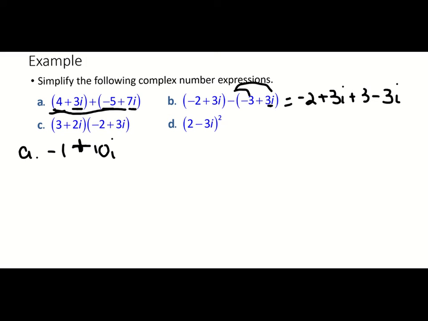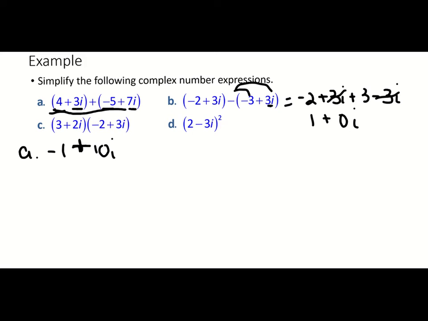So now once we've distributed that negative, we're going to combine like terms. -2 plus 3 will be 1. And then my imaginary parts cancel out. +3i, -3i cancel each other out. So our answer is just going to be 1. If they ask for it in complex form, you can always write 1 plus 0i. That 0 stands for there's no imaginary part.